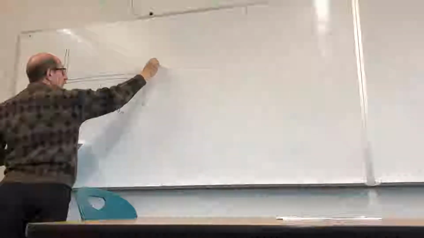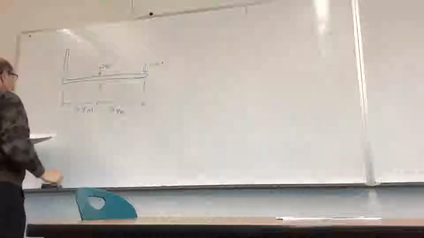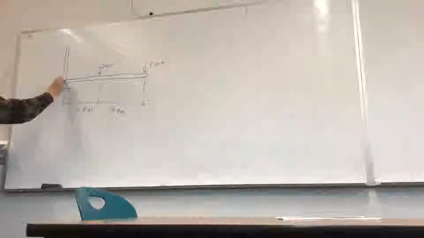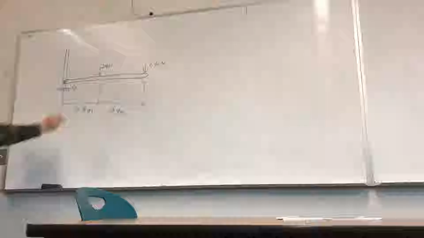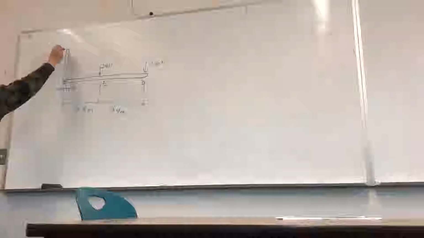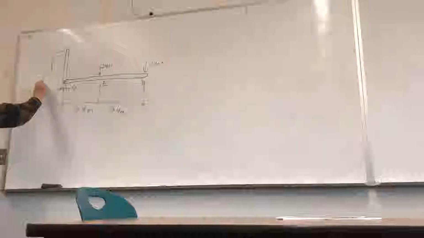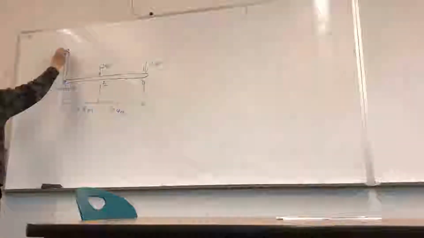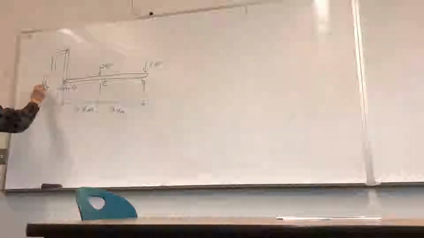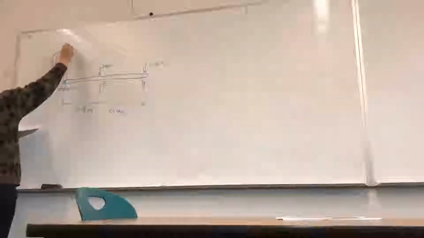Okay, so you have a structure that is subjected to these loads. It is connected at this point to a pin that is holding it in place, and then something like this is holding it in place at point A. So you wanted to find, let me label these first.